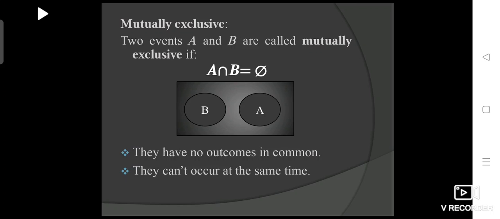The intersection of two mutually exclusive sets is always an empty set. There are two key points: there is no common output, and they cannot occur at the same time. Such sets are called mutually exclusive sets.